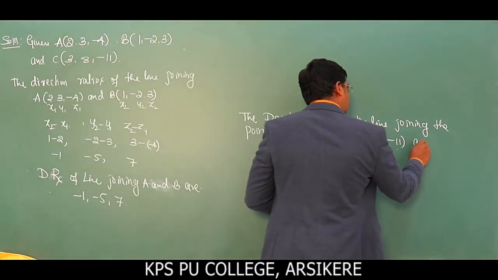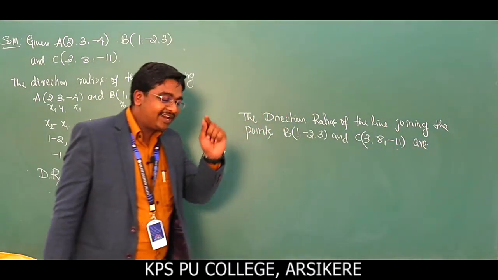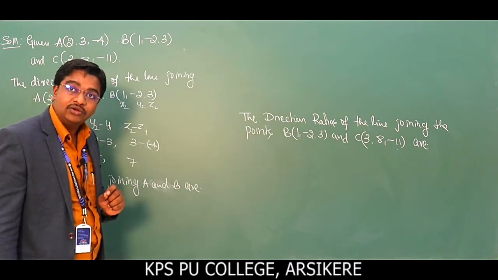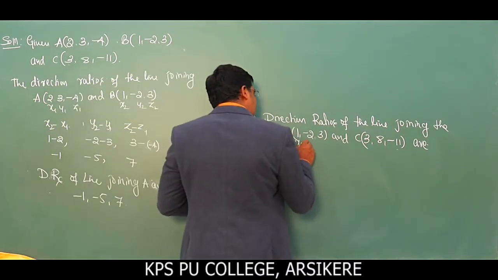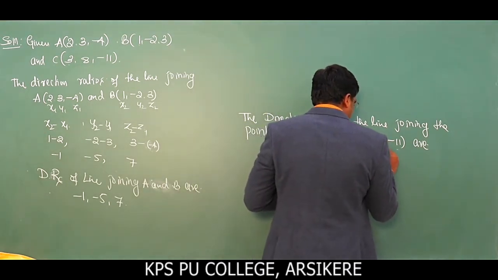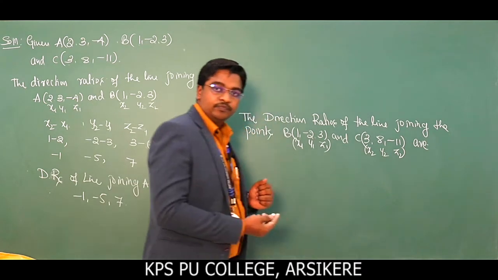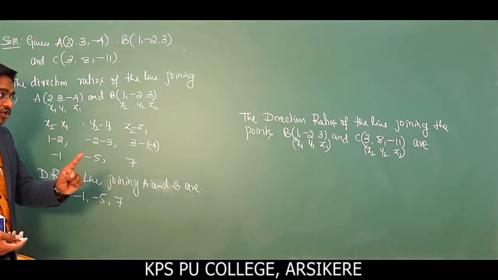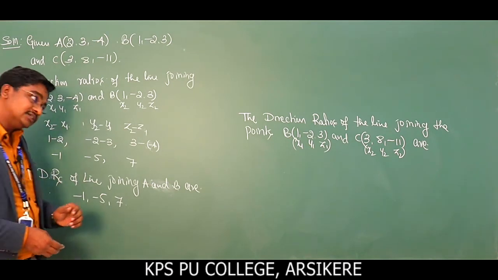Similarly here also, treat the first point as x1, y1, z1 and the second point as x2, y2, z2. What is the formula? x2 minus x1, comma, y2 minus y1, comma, z2 minus z1.